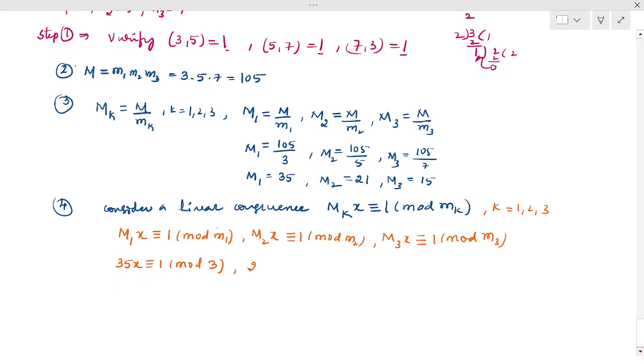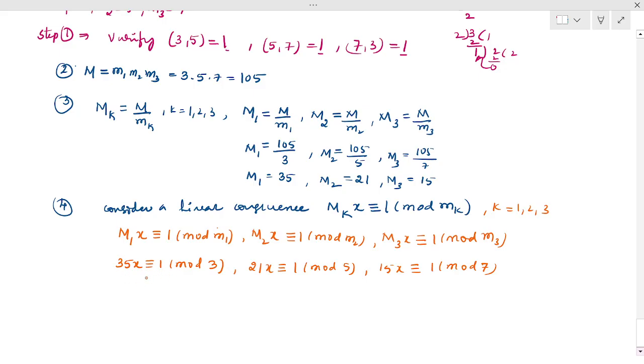Second one, M2 is 21, so 21 x congruent to 1 mod 5, and 15 x congruent to 1 mod 7, m3 value. Okay, now we need to find out the value of x in these three congruences.